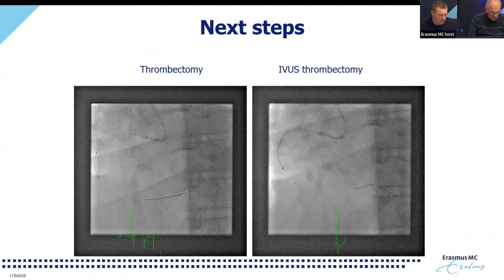One of the secondary objectives of this trial is also to adjudicate the effect of thrombectomy, so manual aspiration thrombectomy in a mixed bag of cases with very fresh, acute, subacute, or maybe organized thrombus, and to see whether IVUS can predict the effect of thrombectomy, and whether thrombectomy might have particular effects in specific types of plaque ruptures and thrombus.